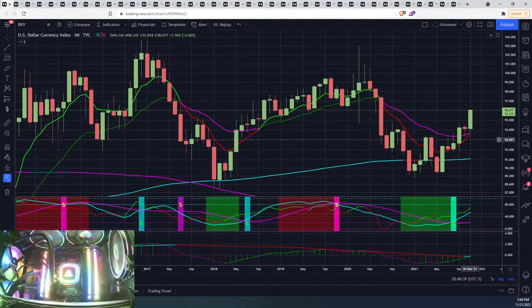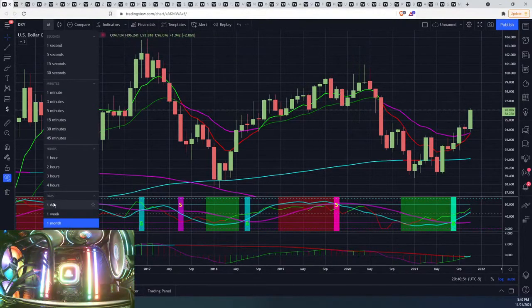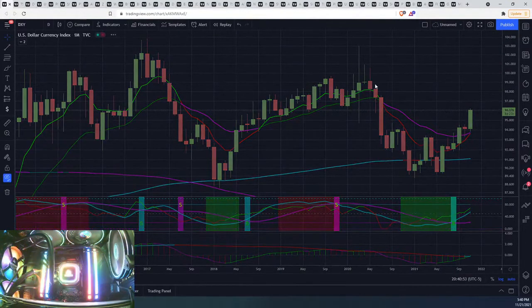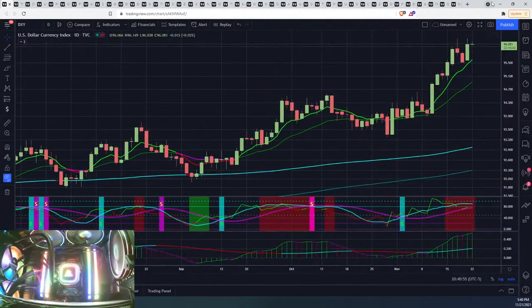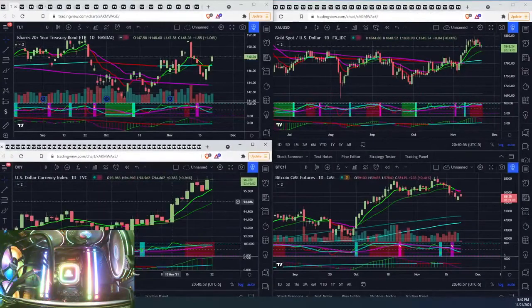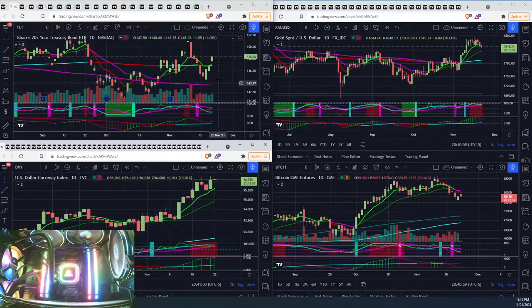So we could see a situation where the dollar and gold go parabolic. We could see a situation where the dollar and bonds go parabolic, where the dollar and speculative assets, stocks, cryptos, etc. go parabolic. We could see all these different situations. It's just a matter of what the catalyst is and why we're seeing that happen and what the association is between those.